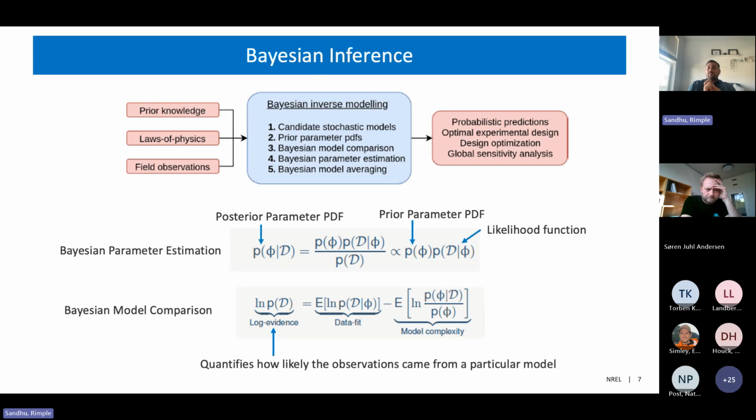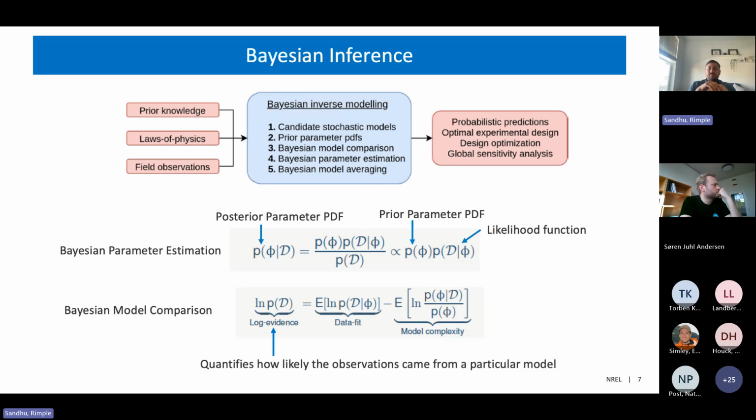The next step is to compare the models. Bayesian model comparison uses something called log evidence, which, if you look at the first equation from Bayes' theorem, you have P of phi given D. Phi is the parameters that you need to estimate, so E1, E2, E3, E4, including sigma. And D is the time history that you captured from the experiment.